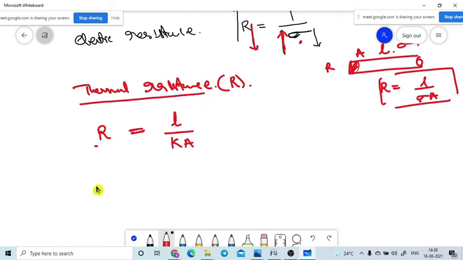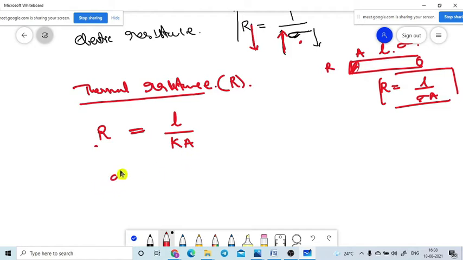How can you define the thermal resistance of the material? Let me use this one. What is the basic formula?